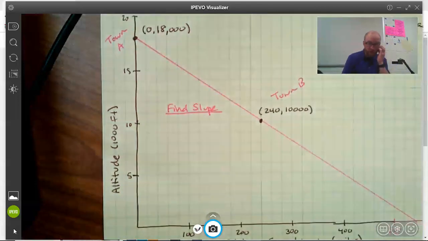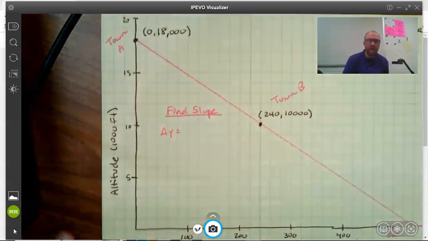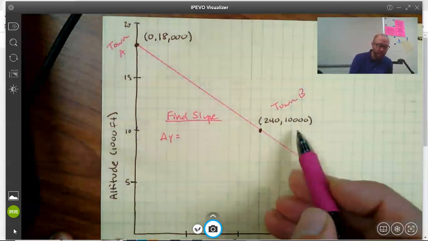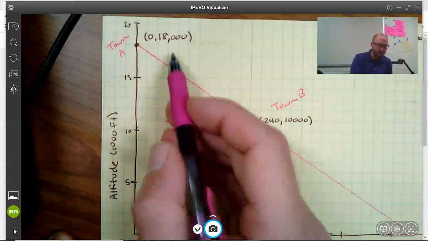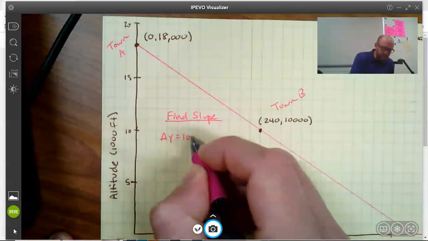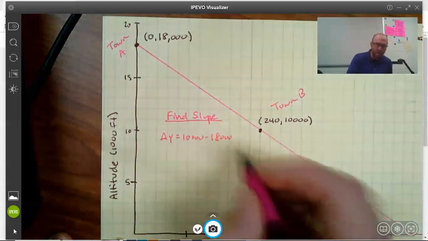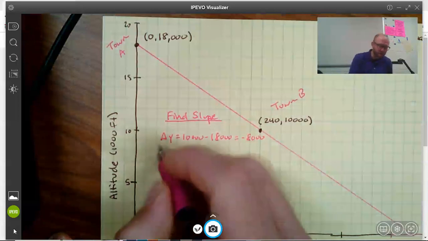Okay. So let's see. Our change in y, and we're just going to imagine that we're going to the right, makes things easier, is end minus start, tells us what our change is. So we end at 10,000, we start at 18,000. So 10,000 minus 18,000 is negative 8,000.